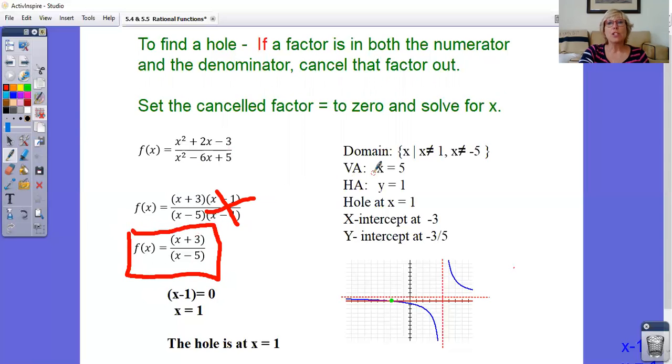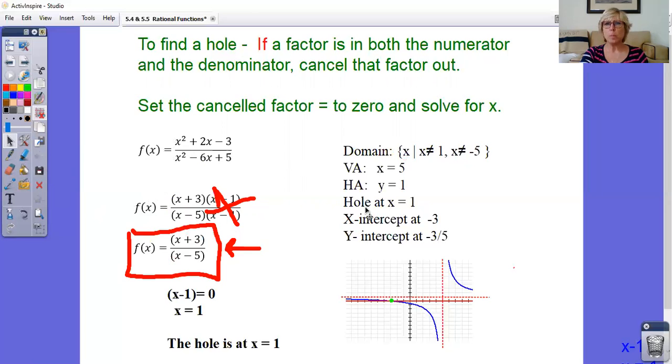Okay. So my domain, however, still has to come from this function up here. So my domain, x cannot equal +1, x cannot equal -5. But my vertical asymptote and everything else comes from this new function right here. My vertical asymptote chops the x-axis at 5. My horizontal asymptote, of course, we always have to go back to the original, and that's going to be 1/1.